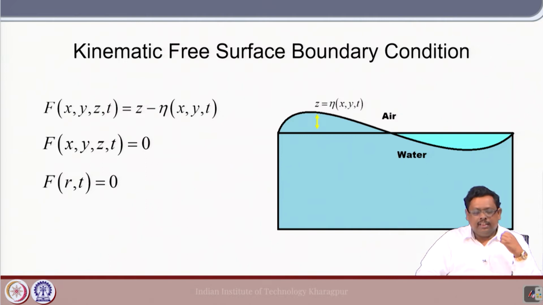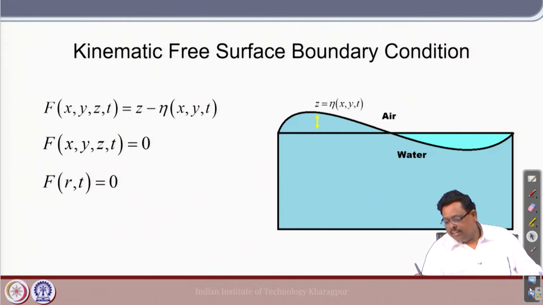Now, let us try to find out what would be the condition that a water particle will stick on this surface. So, the objective is to find a condition so that a water particle should stick on this surface.